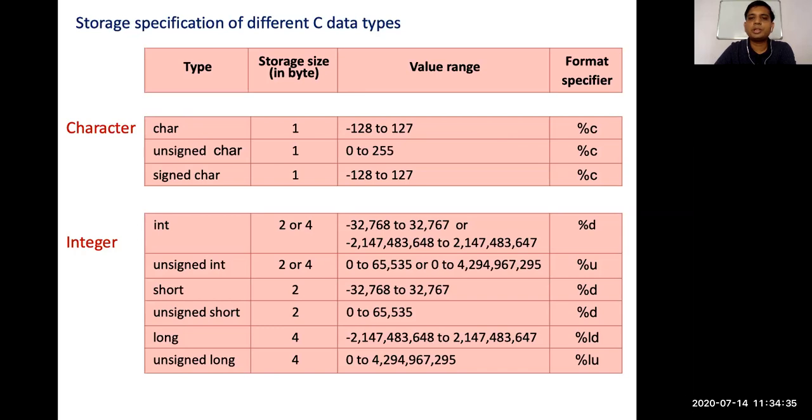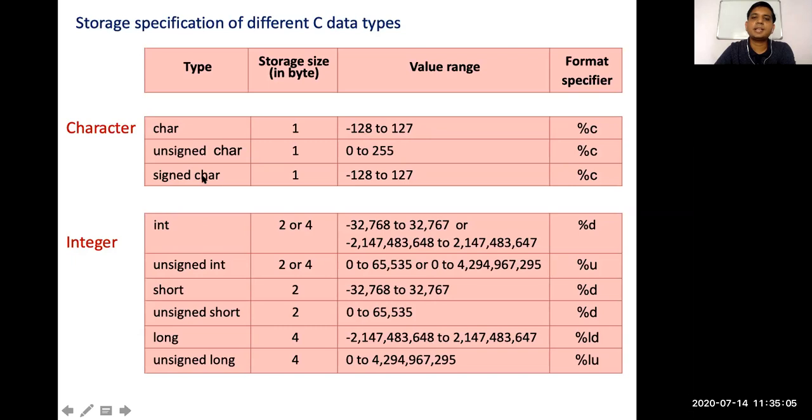So out of the 8 bits available to store your data, 1 bit is reserved to indicate whether the number is positive or negative. Only 7 bits remain to store our data. In those 7 bits we can store a maximum of 127 and a minimum of -128. The format specifier required for the character variable is %c here.